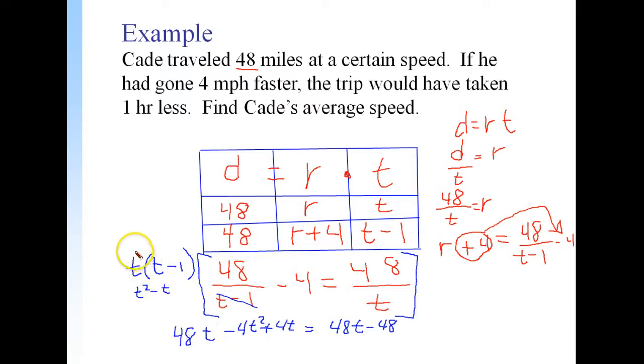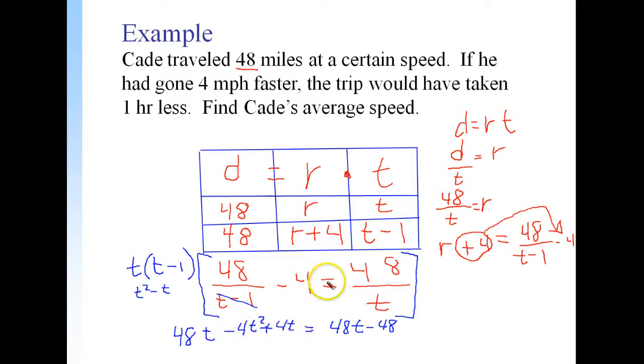Now what I did is I multiplied this and got t squared and a negative t, because now for this term I have to multiply a negative 4 times t squared, which gives me a negative 4t squared, and then a negative t times a negative 4 gives me a positive 4t.